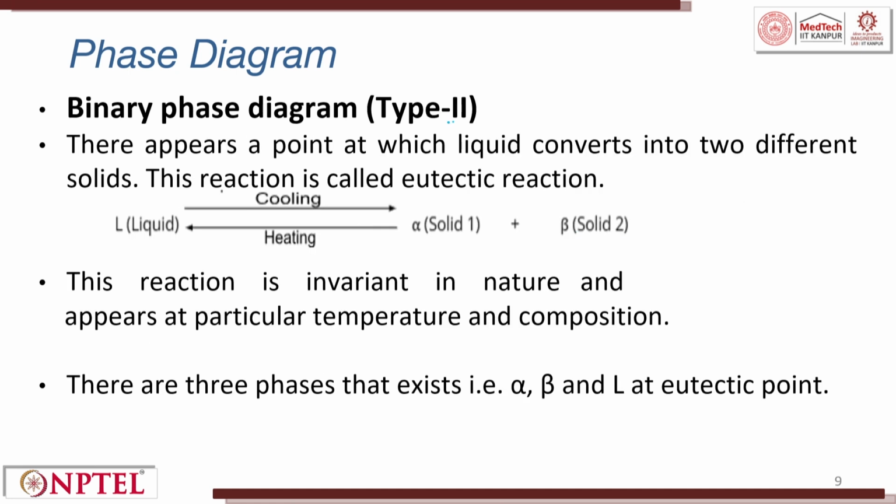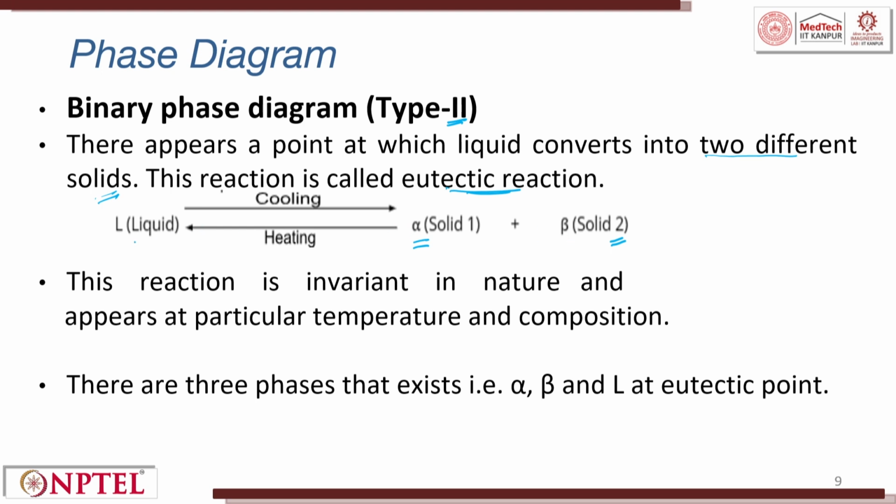So, in a binary phase diagram, there appears a point at which liquid converts into two different solids. This reaction is called the eutectic reaction. Liquid on cooling leads to solid 1 and solid 2, which are alpha and beta.